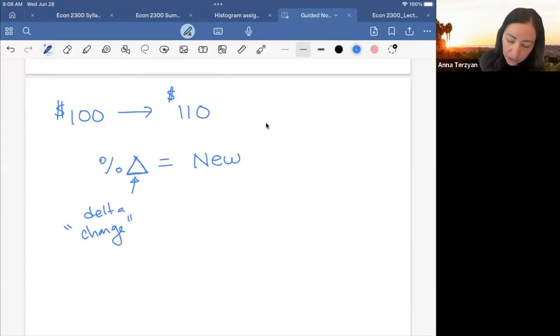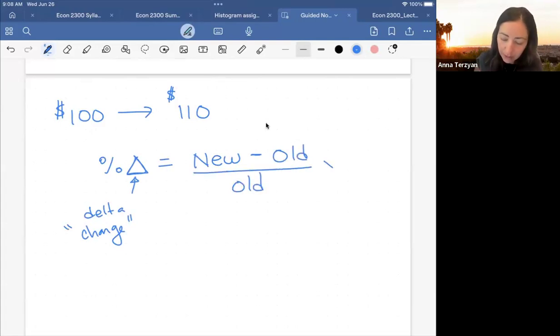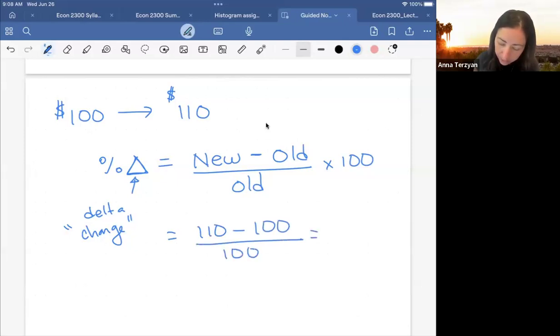So percentage change is the new value minus the old value, divided by the old value, times 100. That's how we generate a percentage change. So in this case, 110 minus 100 over 100 times 100, we get 10%. That's how we calculate a percentage change.